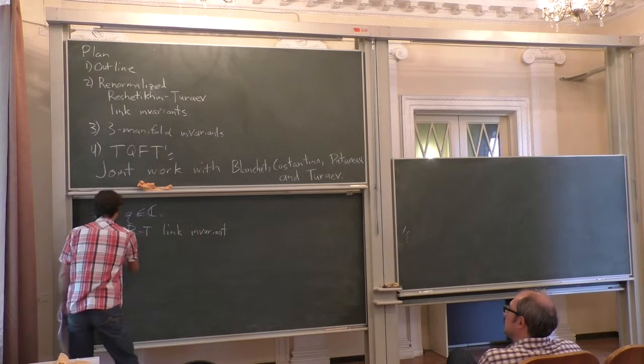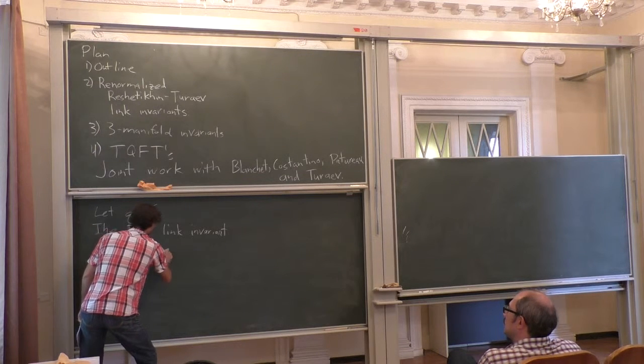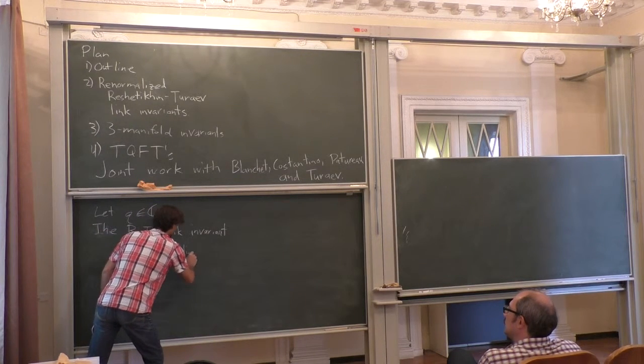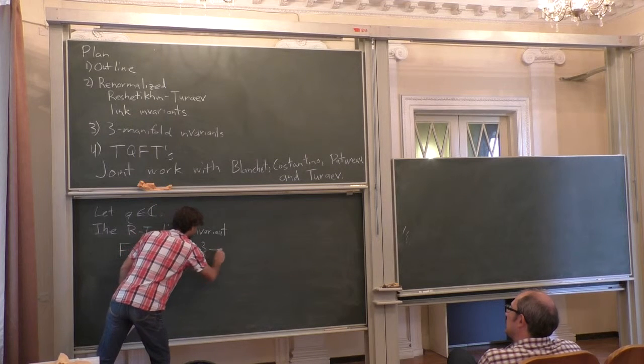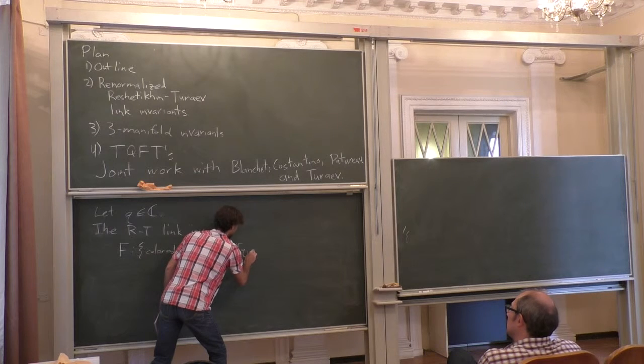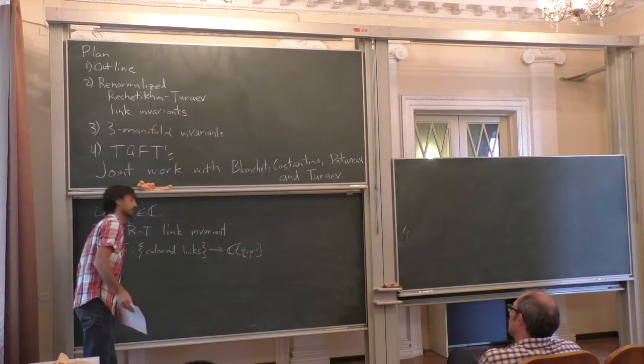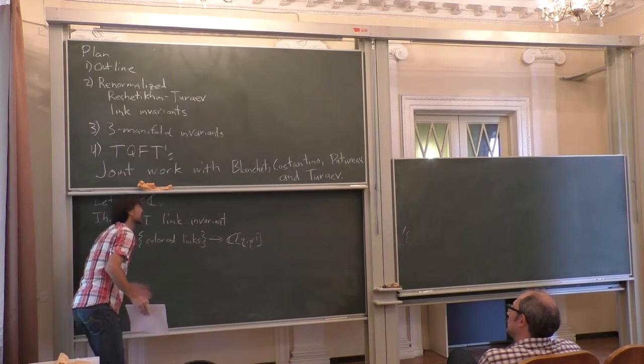This is a map. You can think about it as a map from certain colored links to the complex numbers, and if you want more precisely, this Q can become a variable, and you take the power series in Q and Q inverse.